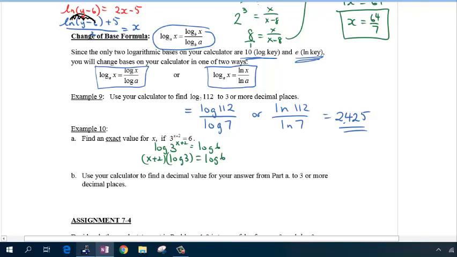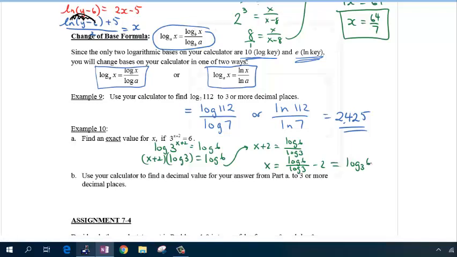That equals log 6. You want to solve for x plus 2, so you'd probably isolate that by dividing both sides by log 3, and then subtracting 2. Log 6 over log 3 minus 2. Now, by the way, the log 6 over log 3, with the change of base formula, is actually log base 3 of 6 minus 2.